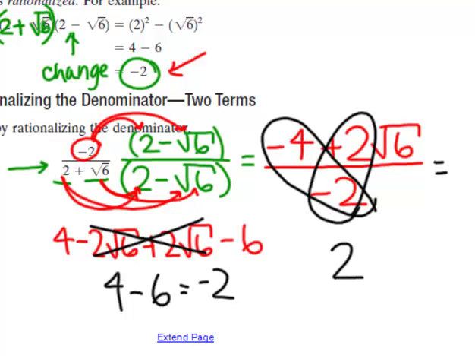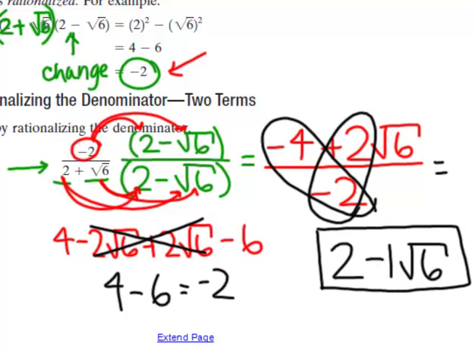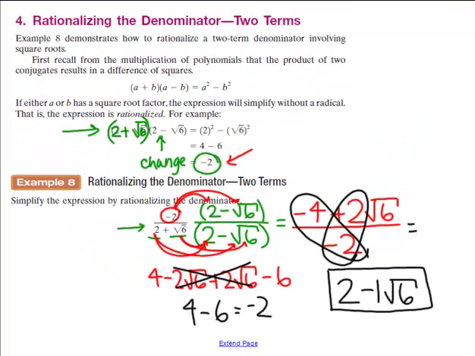Positive 2 divided by negative 2 gives me negative 1. So we end up with 2 minus the square root of 6. And again, if you typed the beginning thing into your calculator and this thing that we ended up with in your calculator, you will get exactly the same messy decimal, but this is a simplified rational form.